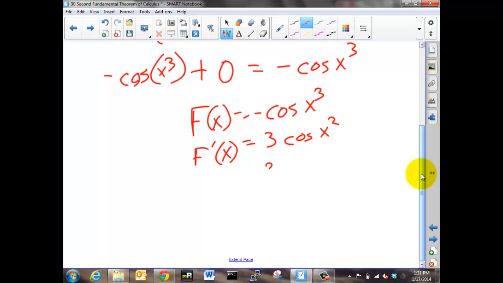But it's negative. Where did the negative go? It's to the second, but it's negative. Then it's the first one plus. What's the derivative of negative cosine x cubed? Sine. All right? But there's a negative out front for that.